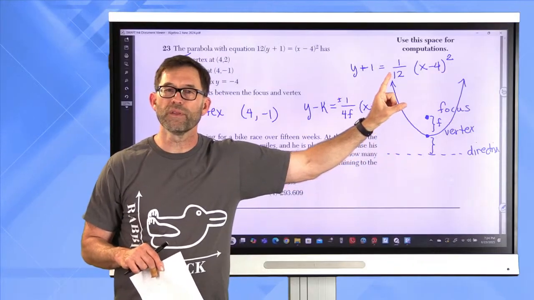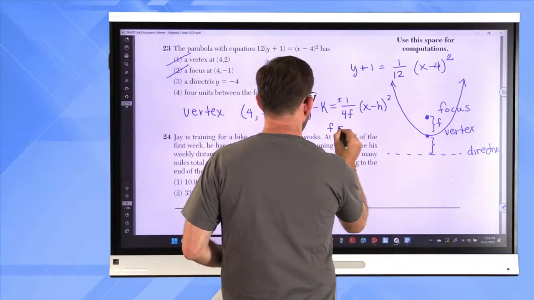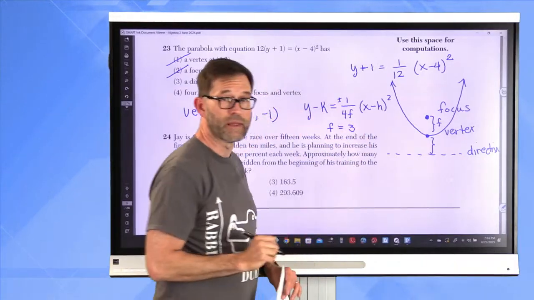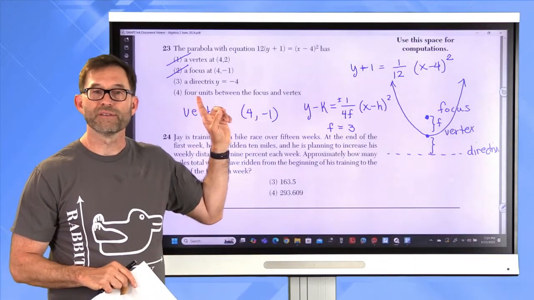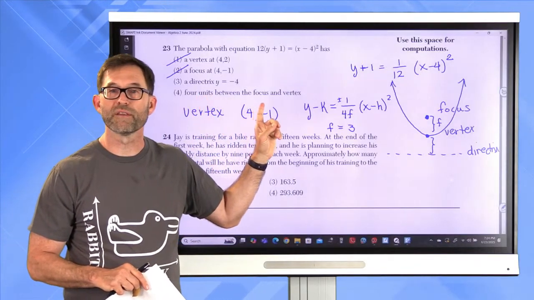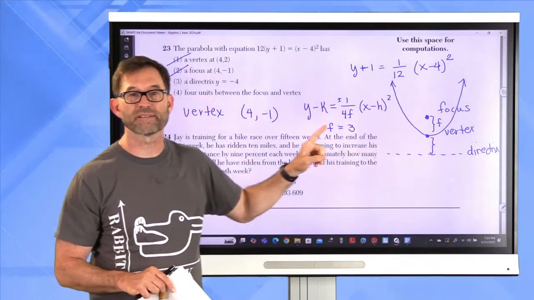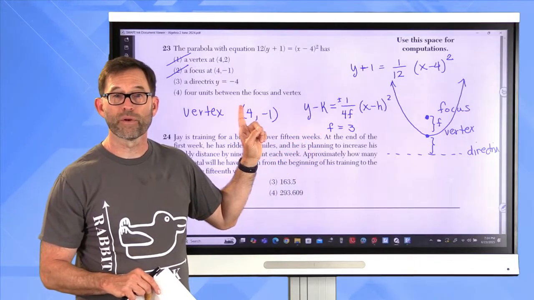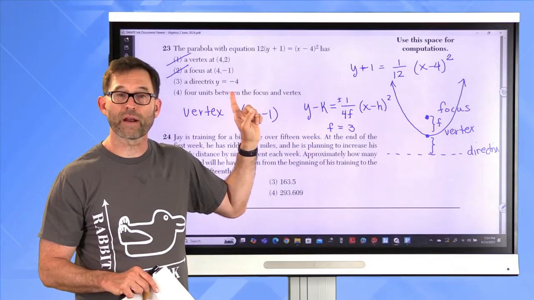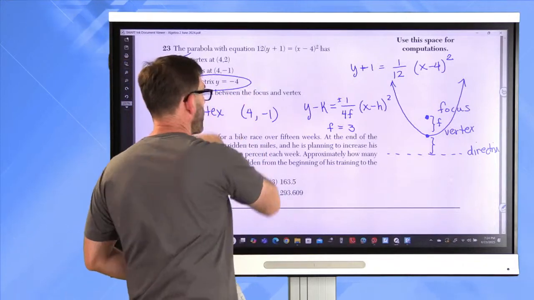Now, if I compare these two forms, then I can see that f would have to be equal to 3. That allows me to eliminate this choice with 4 units between the focus and the vertex. The distance between the focus and the vertex has to be 3 units, not 4 units. So that means that the directrix has to be at y equals negative 4.